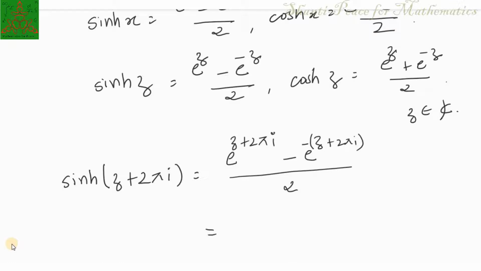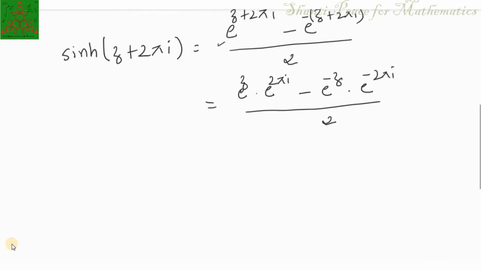By properties of the exponential function, we can write this as (e power z into e power 2 pi i minus e power minus z into e power minus 2 pi i) divided by 2.